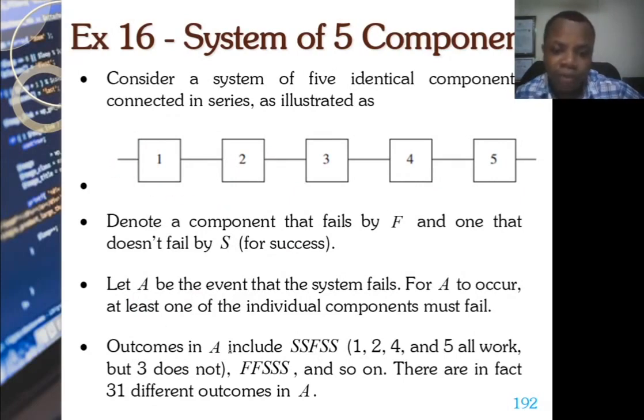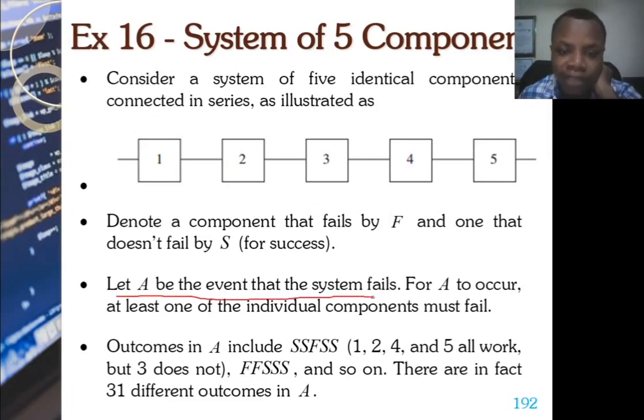So the outcome of A can include S, S, F, F, S, which in this case means that the third component will be failing. Now also we could have F, F, S, S, S, S. As long as there is one component failing, it means that this series has failed, which happens to be the event that we are looking for.